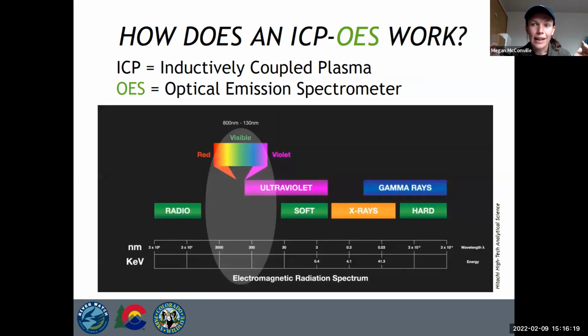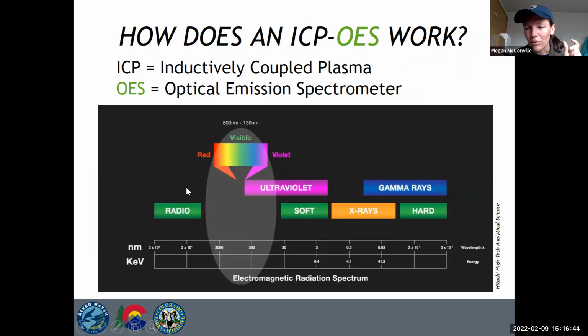If we think about electromagnetic radiation, maybe this part right in the middle, the part that we all think about a lot, is the visible range of light, from red to orange to yellow to green to blue to indigo, the forgotten color, to violet, and then this ultraviolet spectrum. This big oval represents what an optical emission spectrometer relies on.